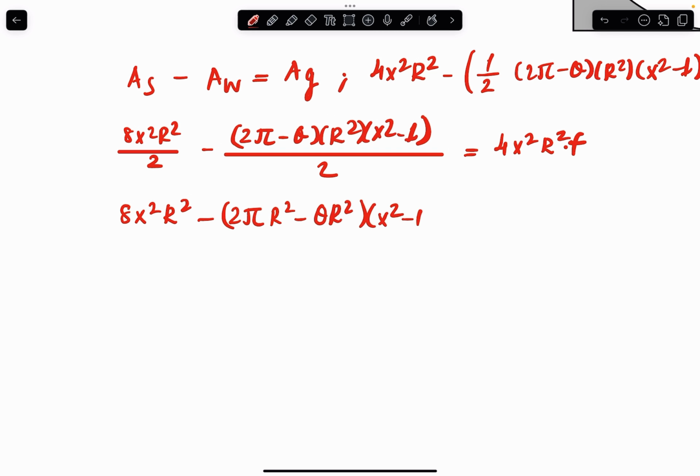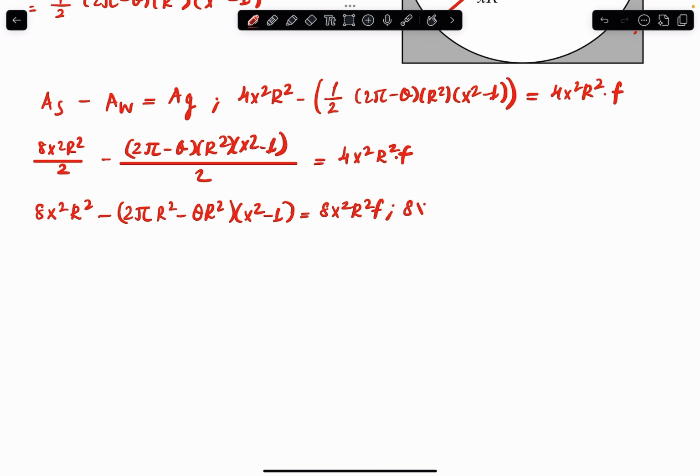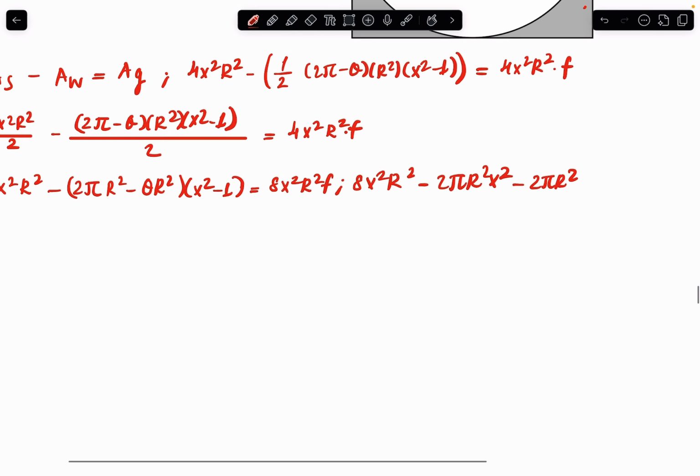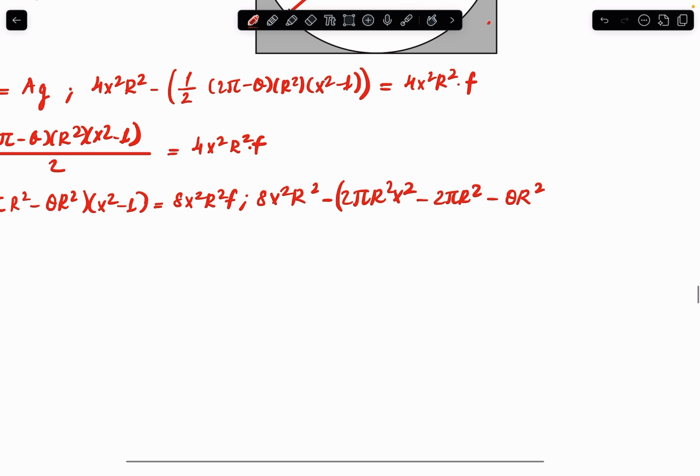times x squared minus 1 equals, when I throw the 2 to the other side, 8x squared r squared f. Rearranging again, 8x squared r squared minus 2 pi r squared x squared minus 2 pi r squared, and then theta r squared x squared plus theta r squared.